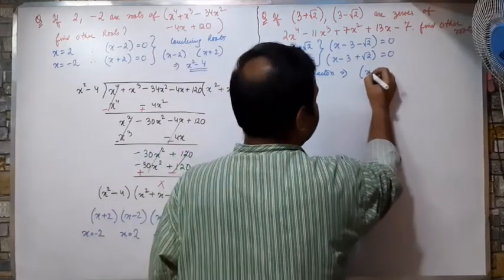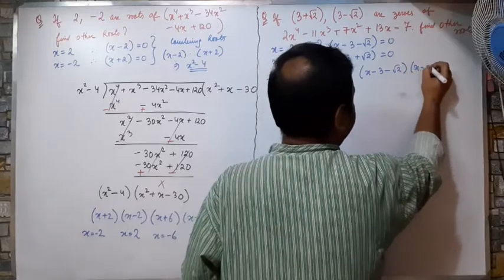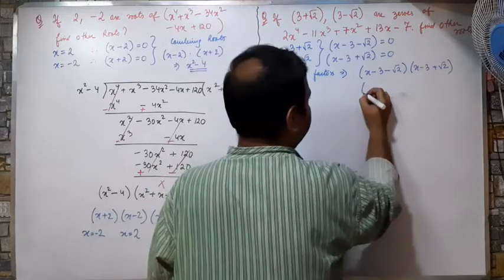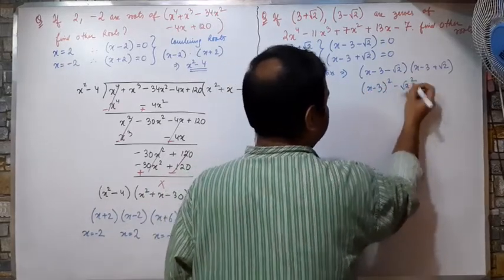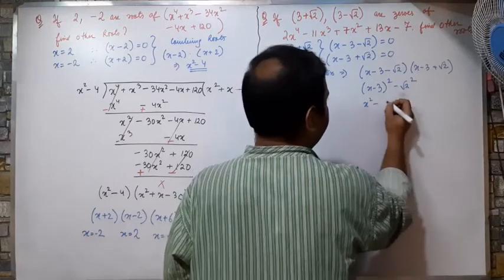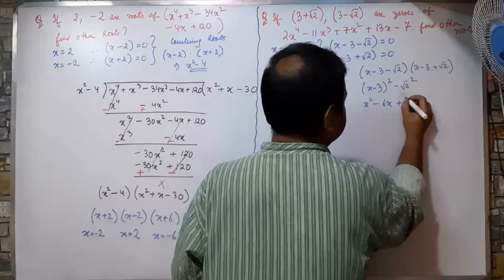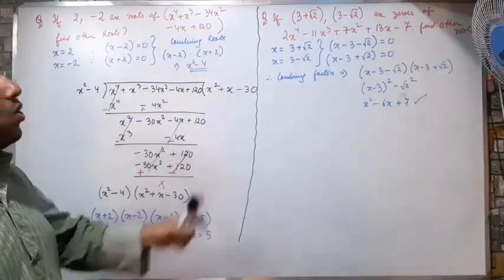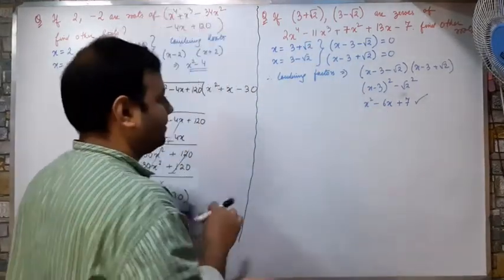I am getting x minus 3 minus √2 and x minus 3 plus √2. What will happen? I will be getting x minus 3 whole square minus √2 whole square. That is x square minus 6x plus 7. So this is the product that I have obtained. Now I have to use this product to divide it with the given polynomial.